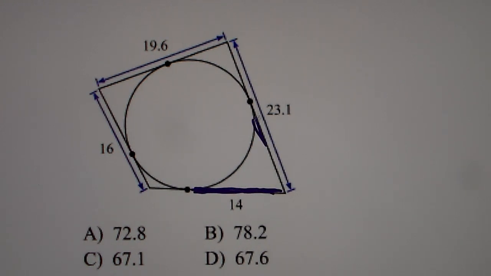So that means this guy here is also 14. 23.1 minus 14 is 9.1. So this red side here is 9.1. That means this side here, this red side here is also 9.1. So we do 19.6 minus 9.1, which gets you 10.5.